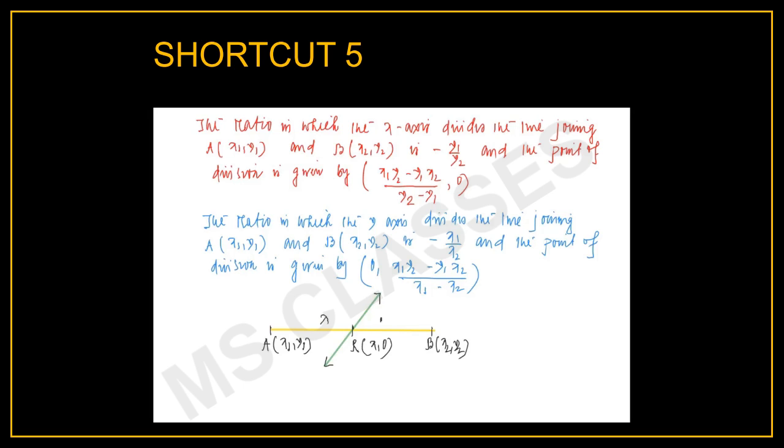If we take the ratio lambda is to 1, then for finding this 0, we can say (lambda y2 plus y1) by (lambda plus 1) equals 0. And from here we can easily understand that lambda equals minus y1 by y2. Now once you have got lambda, you can find x by using the section formula. When it is the y-axis, the abscissa is 0, and we can get the corresponding result.